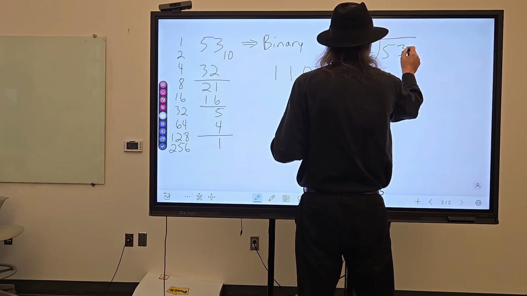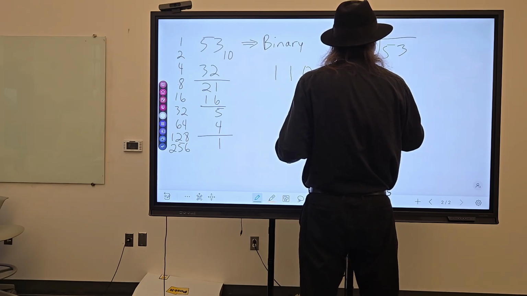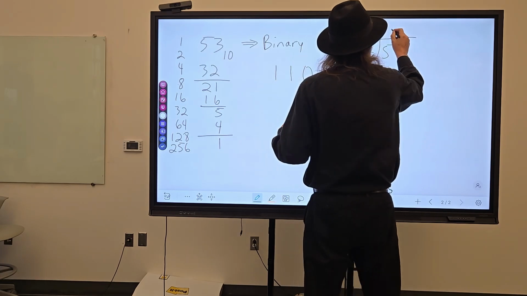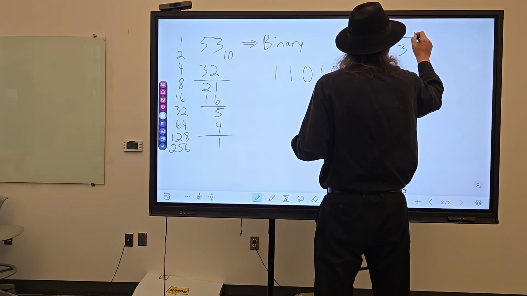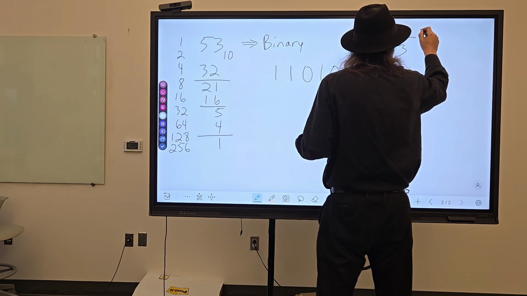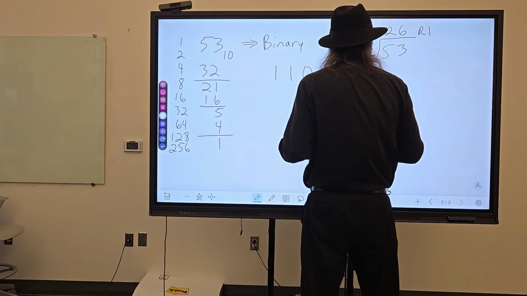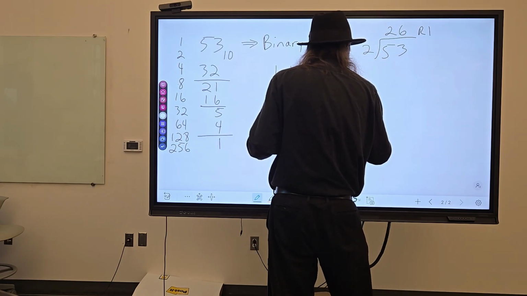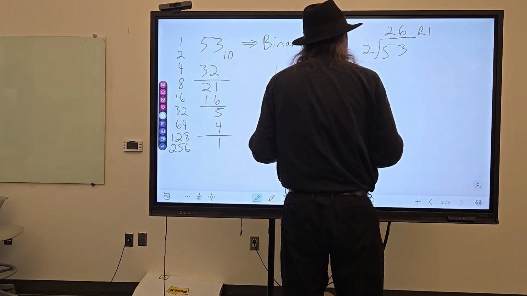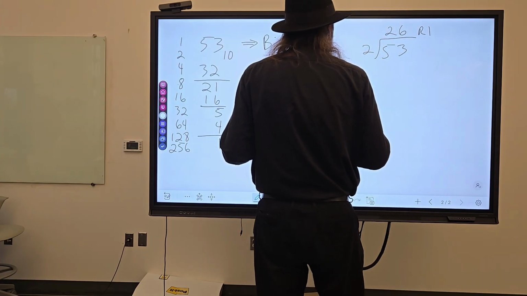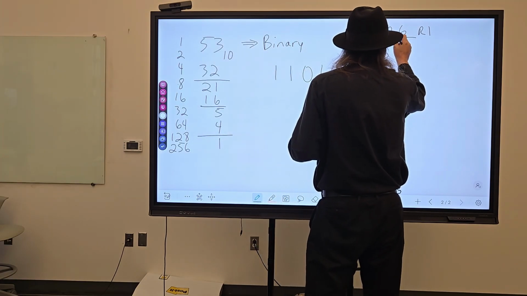So 53 divided by 2 is 26 with a remainder of 1. So that gives you a 1. Divide 26 by 2.